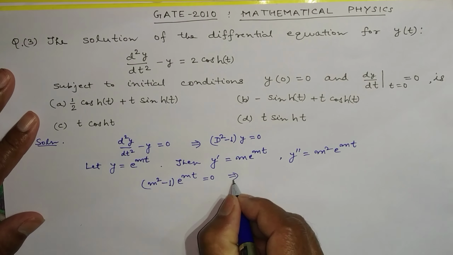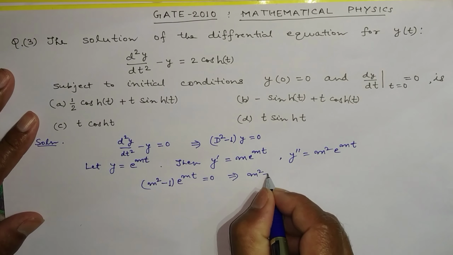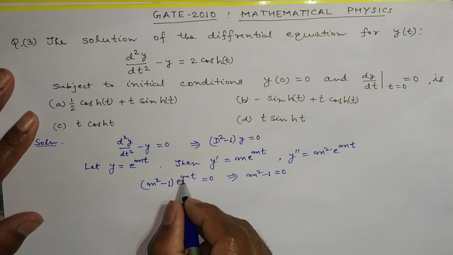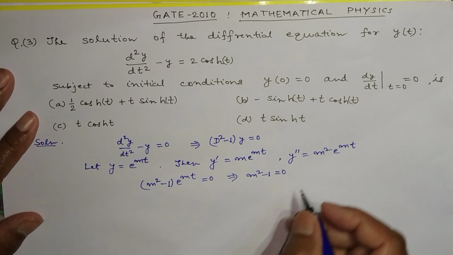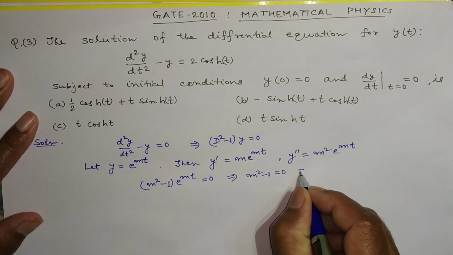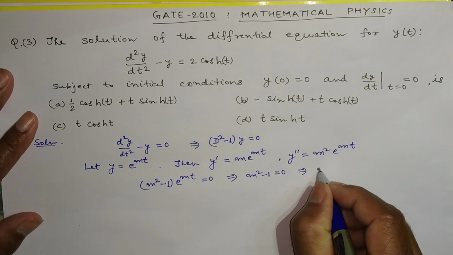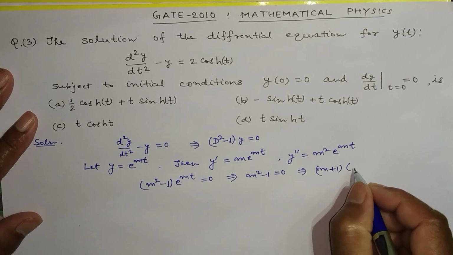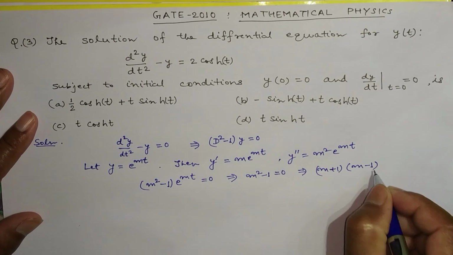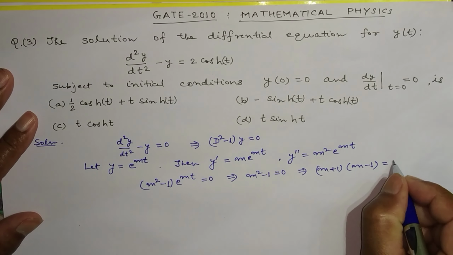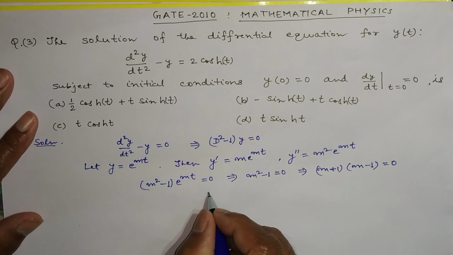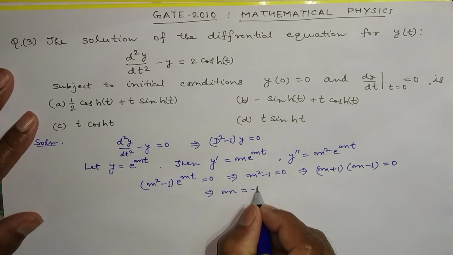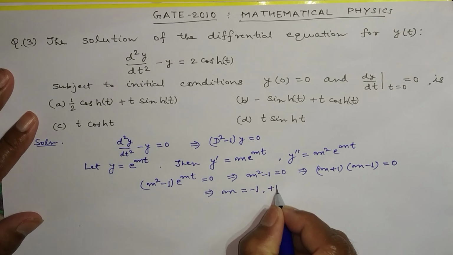From this we have m² minus 1 equals 0, because e raised to mt can't be 0. So we have (m plus 1)(m minus 1) equals 0. So we have two values of m, minus 1 and plus 1.